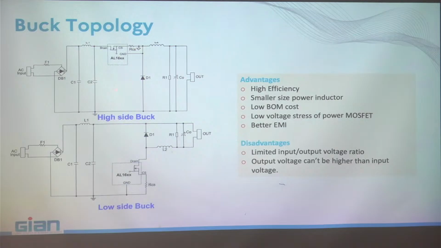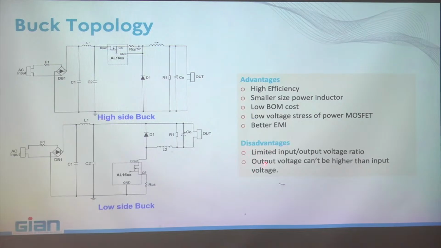If I take buck technology: high efficiency, smaller size of the power inductor, low cost, low voltage stress on the MOSFET. That means you may have higher reliability and lifespan, and better behavior concerning electromagnetic interference.